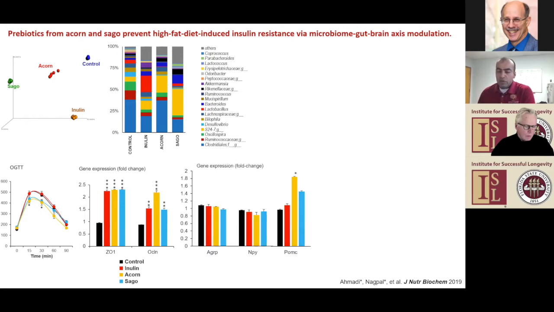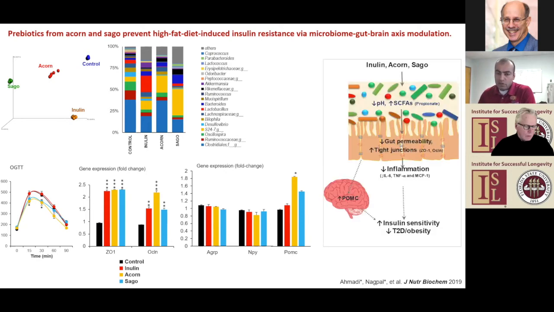In addition, we performed a bunch of gene expression assays on the brain tissues, hypothalamic tissues, from these mice, and we found that one particular gene, pro-opiomelanocortin, had its expression significantly increased by one particular resistant starch from corn, and from the other 2 prebiotics also, it was insignificantly but higher following the prebiotic intake. And we did a bunch of further studies to understand how it's working.